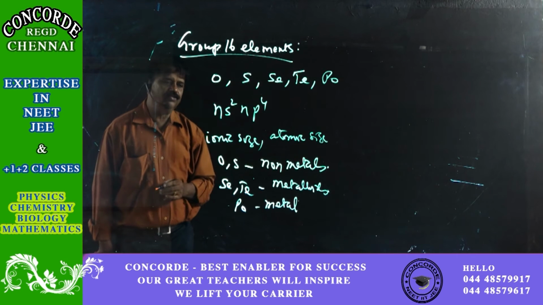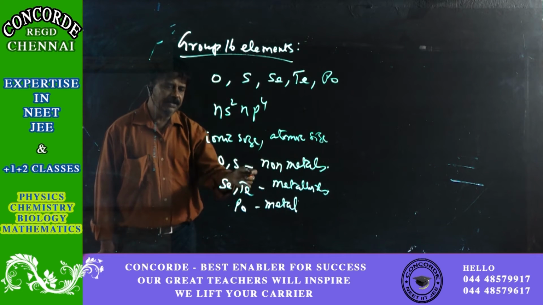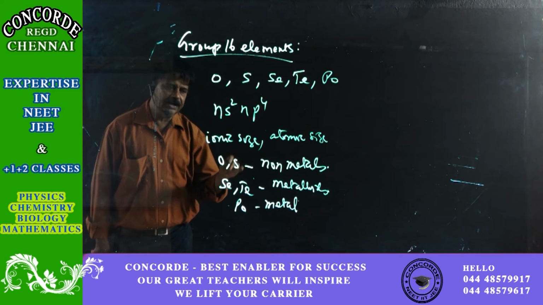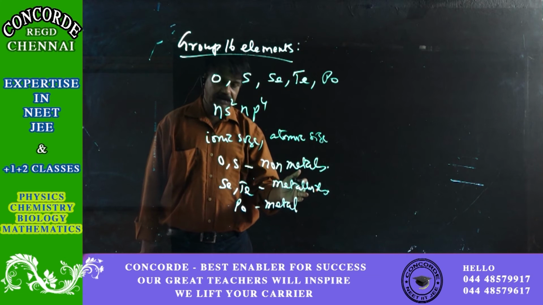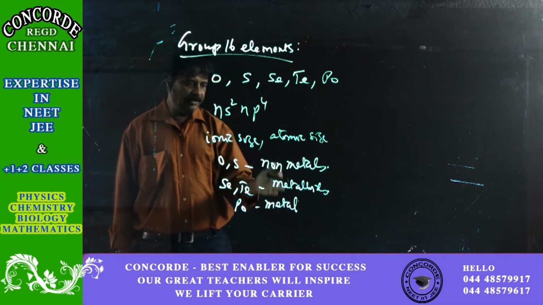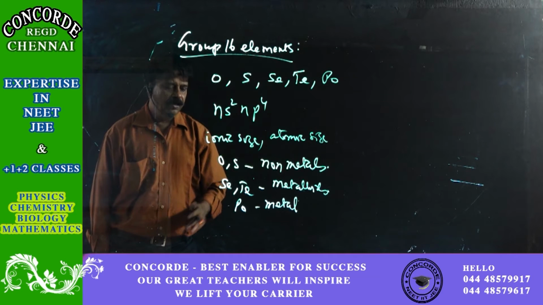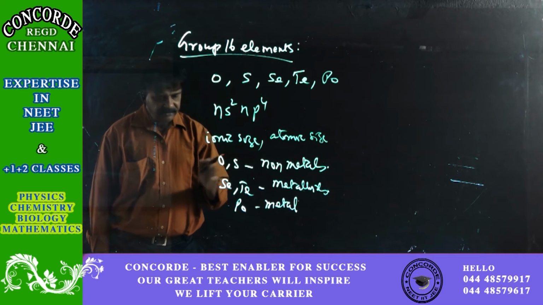So this itself shows the metallic character. Slowly from a non-metal, it becomes a metal. The metallic character also increases down the group. So a non-metal becomes a metalloid, neither exhibiting metallic nor non-metallic property, and becomes a metal. So oxygen, sulfur, non-metal, okay, selenium.